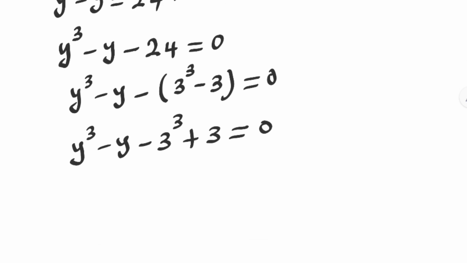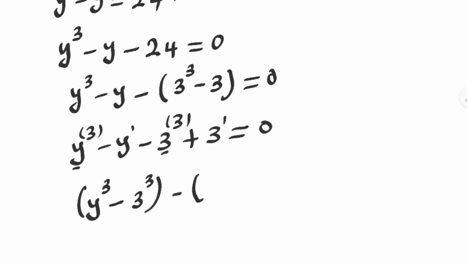This is to the power of 3 and this is to the power of 3. Then this is to the power of 1 and this is to the power of 1. Here we have y raised to power 3 minus 3 raised to power 3, then the sign here is minus y minus 3 is equal to 0.